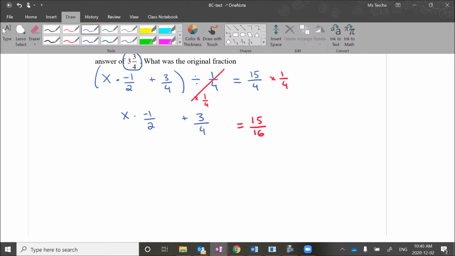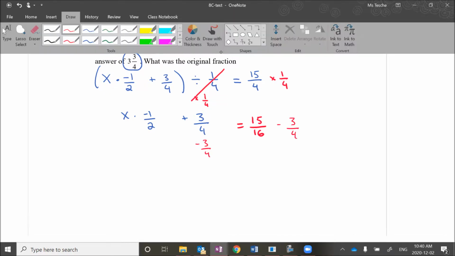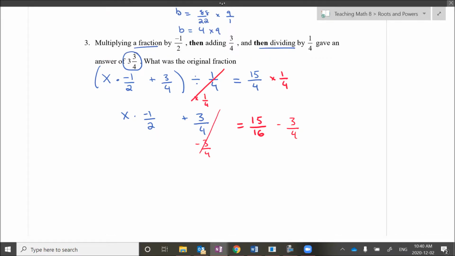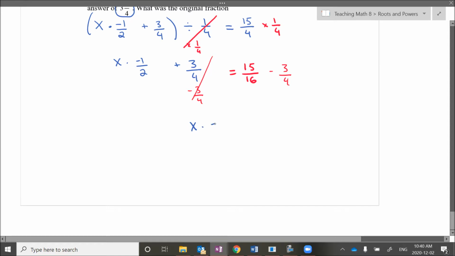Now I have to subtract 3/4 from both sides to cancel out those two. So x times -1/2 equals 15 over 16 minus 3/4. I need a common denominator, so I'm going to multiply by 4. 15 minus 12 gives me 3 over 16.